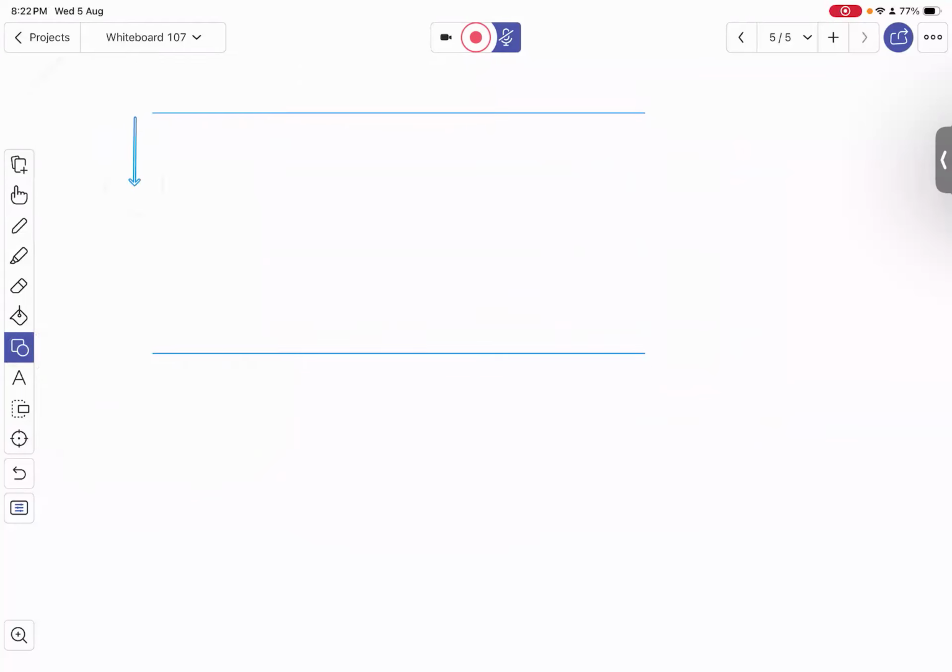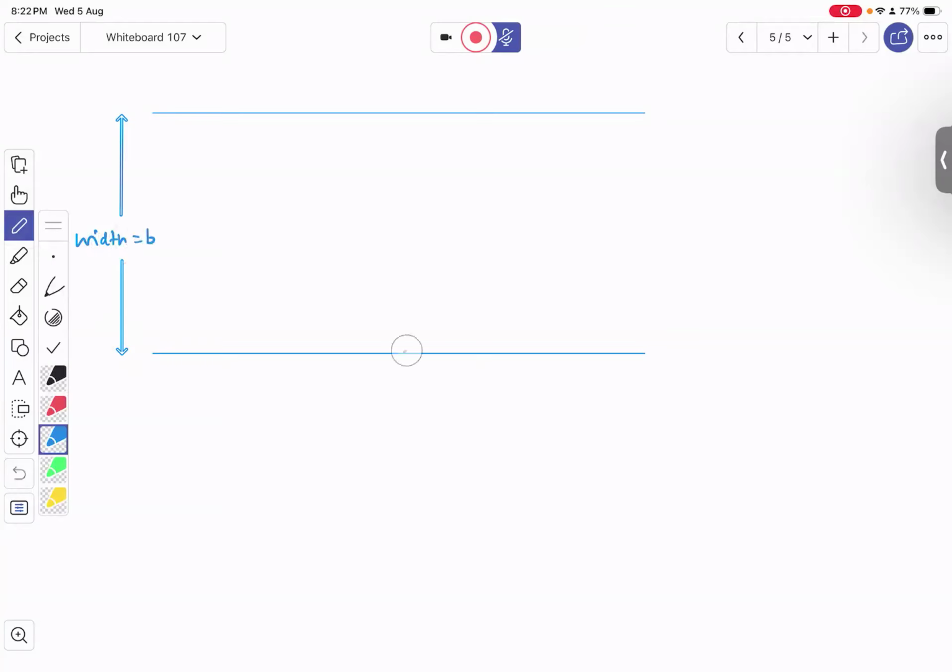Suppose I have a river whose width is told to us, that the width of this river is B. Suppose from this point the boat is starting to move. It is given that the velocity of the river is this side. For VR, I'm going to use the symbol U. VR is this way.